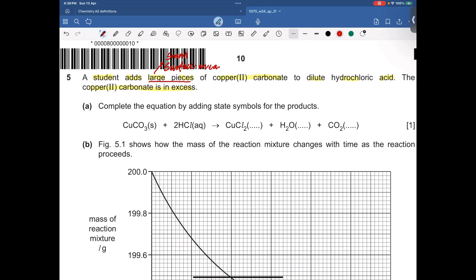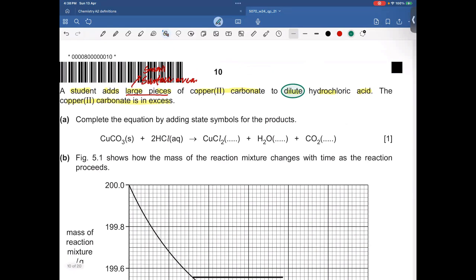All right. Second thing, if it is diluted, obviously it has more water than hydrochloric acid. That means because of the dilution factor, molecules of HCl are away from each other and are not crowded.